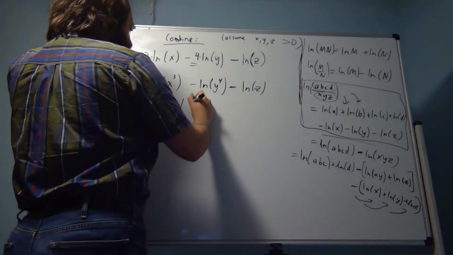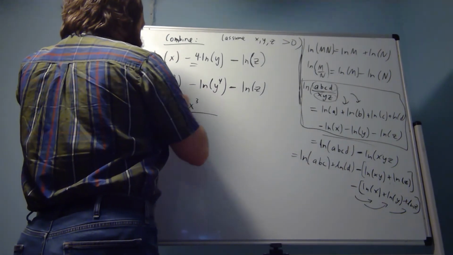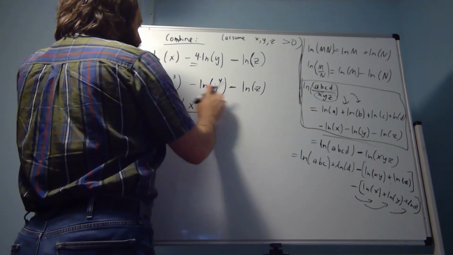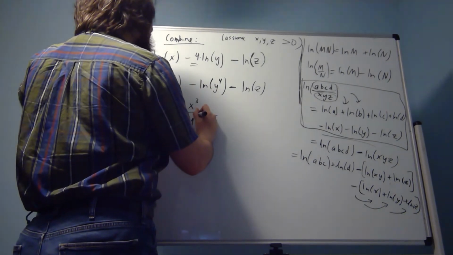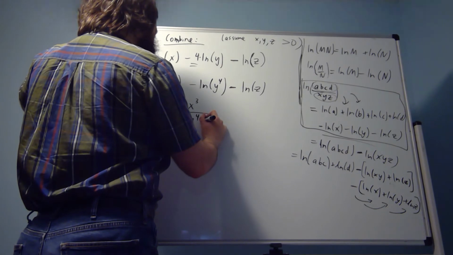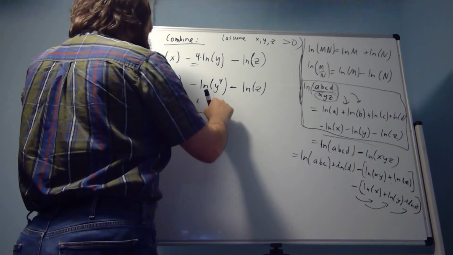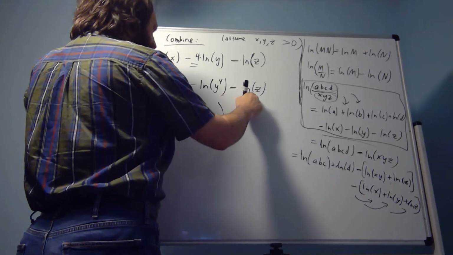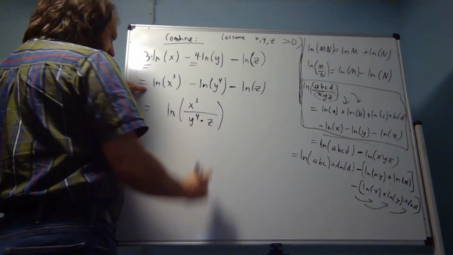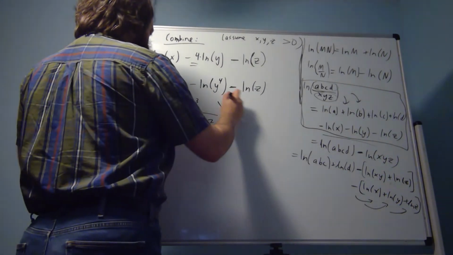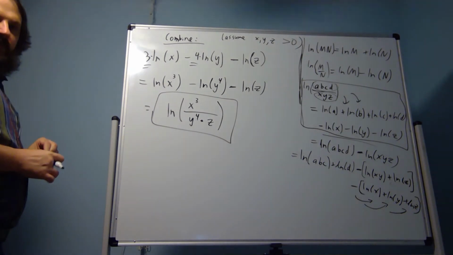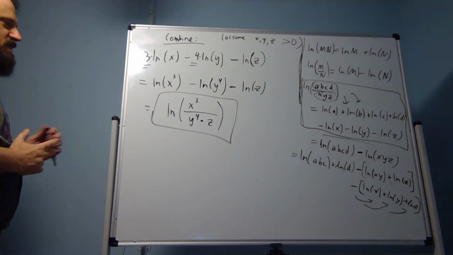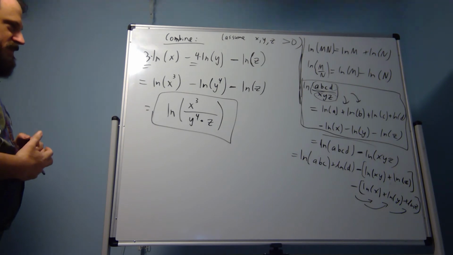And that's the only one that's a plus. The other ones, if I'm subtracting the natural log of y to the fourth, and I'm subtracting a log of z, then z is a factor of the denominator, and then that's it. That's probably the simplest way to go about it.